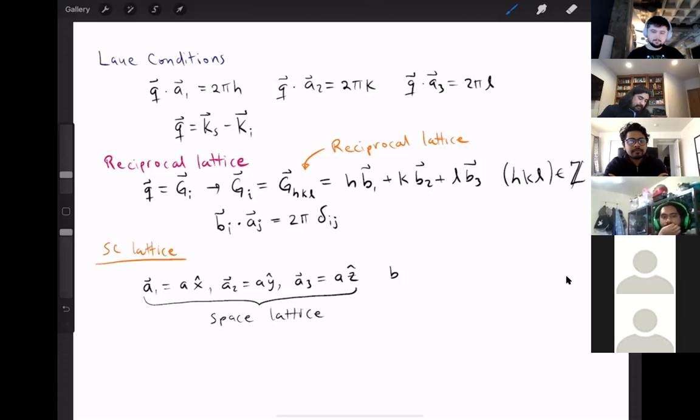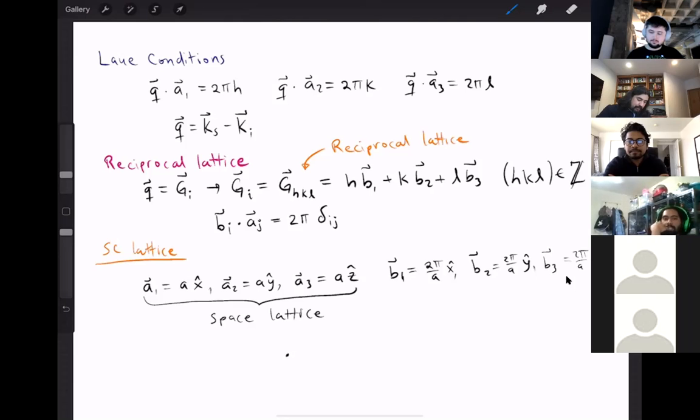So if I look at it, my requirement is that b dotted with a has to give me 2 pi if they're the same. So that means that b1 is 2 pi over a in the x direction. b2 is also 2 pi over a, but in this case in the y direction. And b3 is 2 pi over a in the z direction.